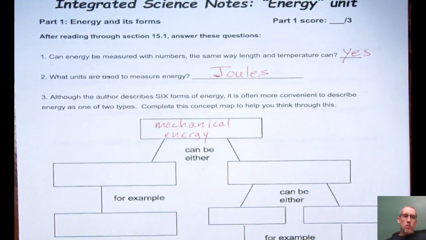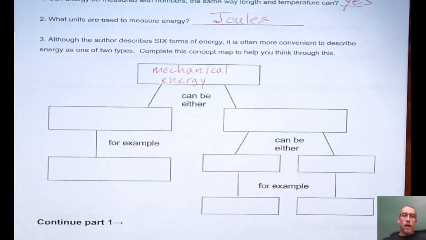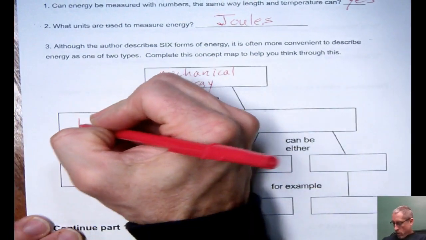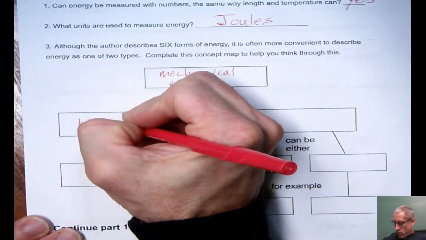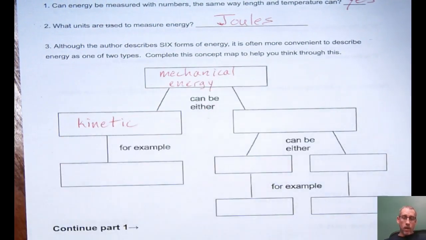When we describe mechanical energy, this is the kind of energy that perhaps you as a person could possess and easily turn into another form. The first type of mechanical energy that you'll usually hear described is kinetic energy.